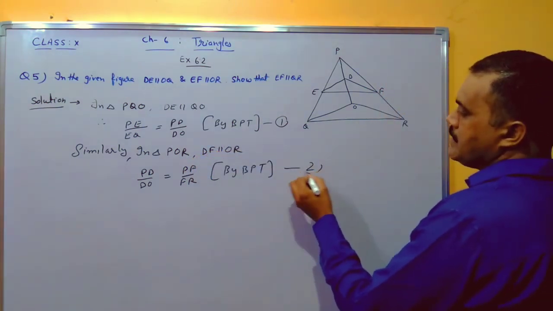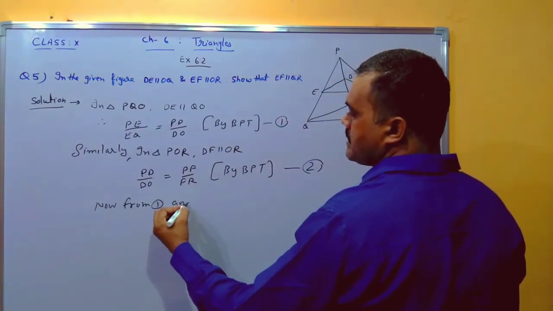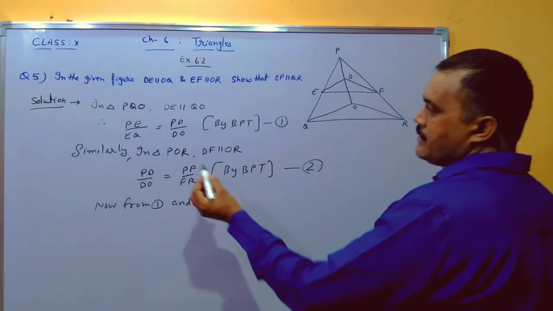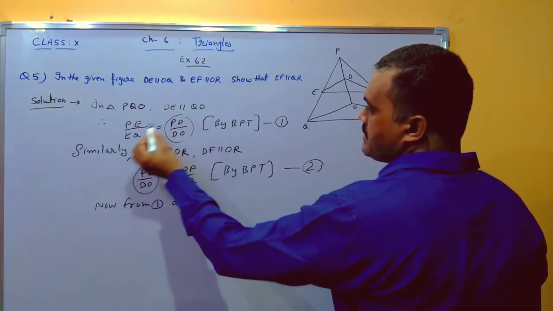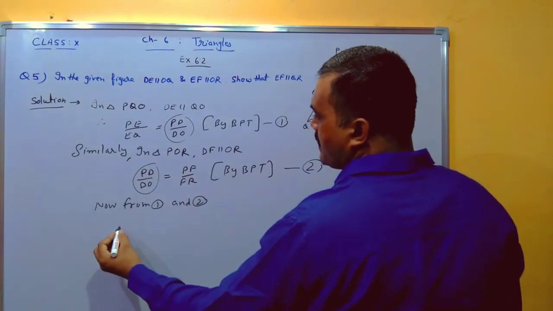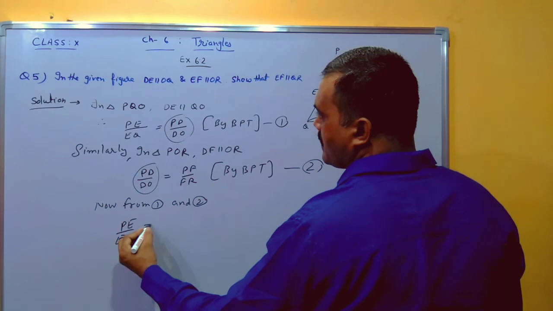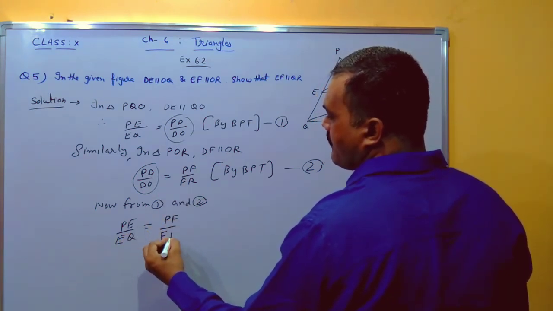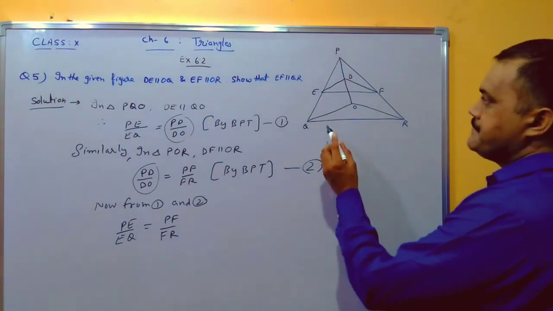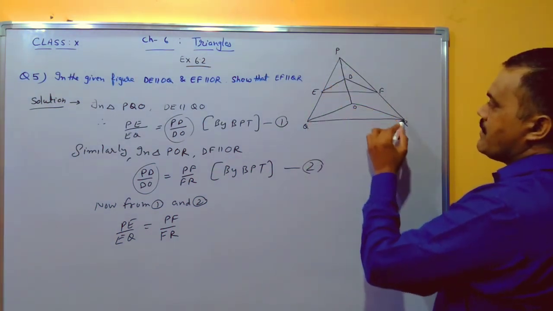This is second. Now from first and second we have, see this PD upon DO, these are the same, so we have PE upon EQ is equals to PF upon FR.